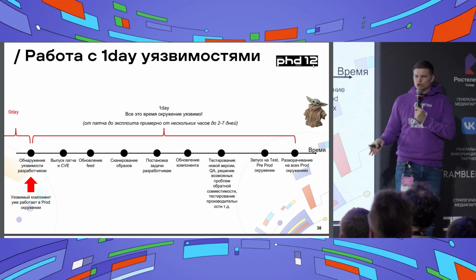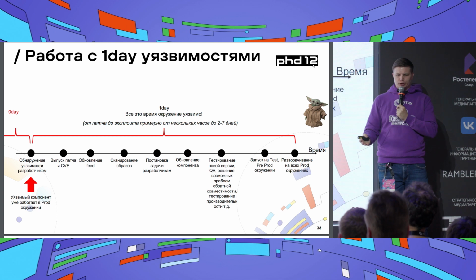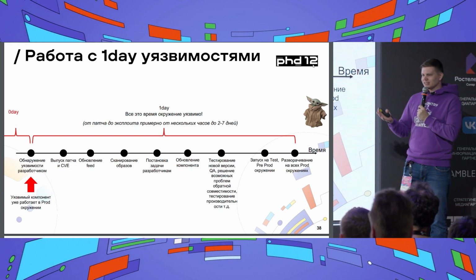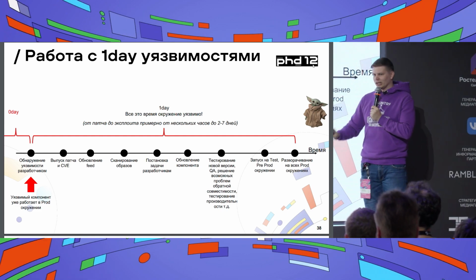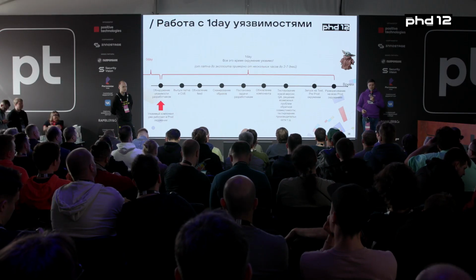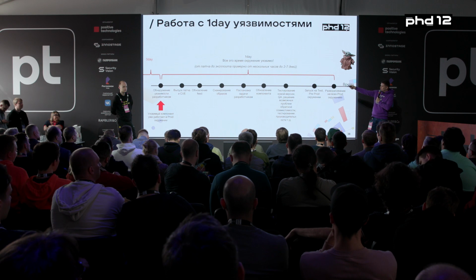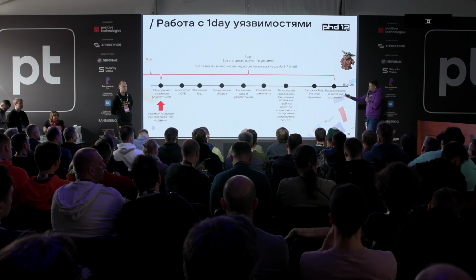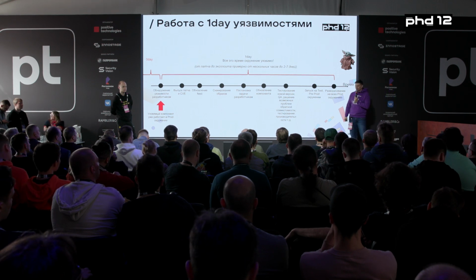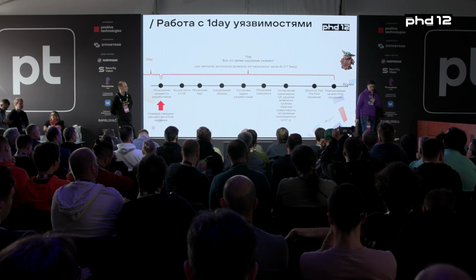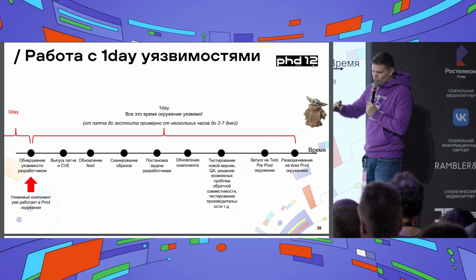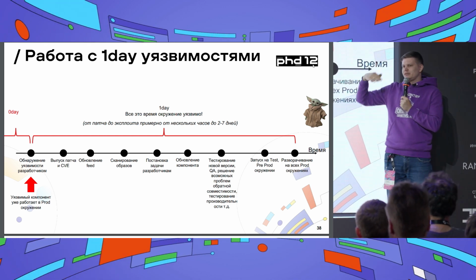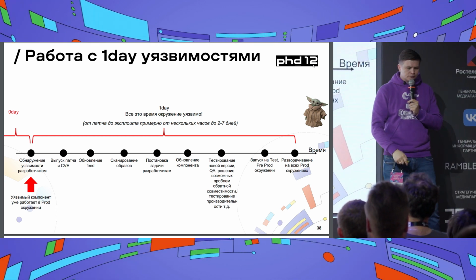Usually, from patch to exploit, it takes from several hours to 2 to 7 days. I know very few companies that can fix the bug in 7 days. Sometimes several weeks, months, more than 7 days actually.